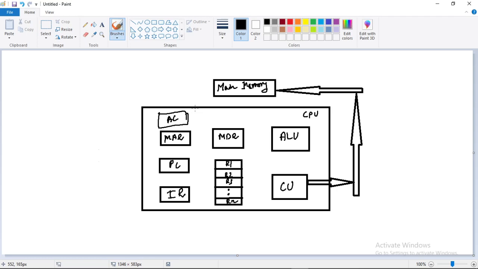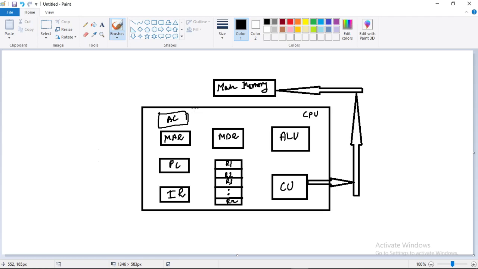Because whenever the ALU performs a particular arithmetic or logical operation, generally one operand will be present in the accumulator. And that's why the accumulator is one of the most frequently used registers to store data taken from memory.